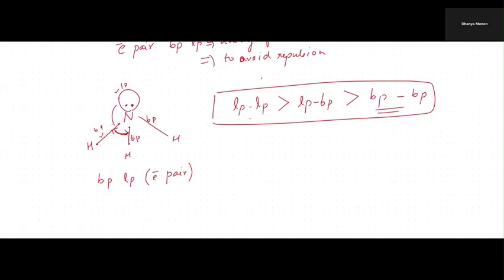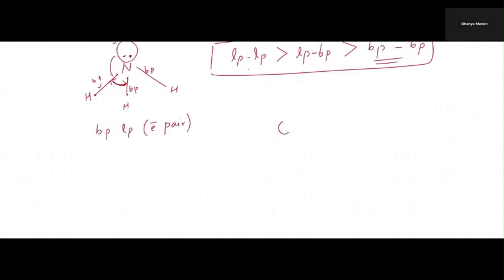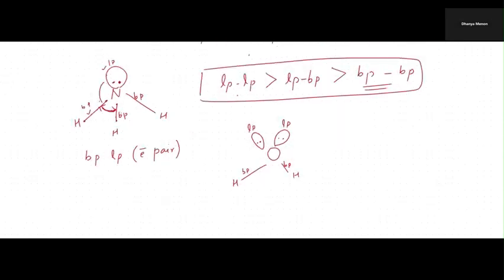Okay, so for example, in water, how many lone pairs are there? 2 lone pairs are there. So this is lone pair, lone pair. This is lone pair and this is bond pair. This is also bond pair. So now check. The repulsion between lone pair and lone pair is greater.